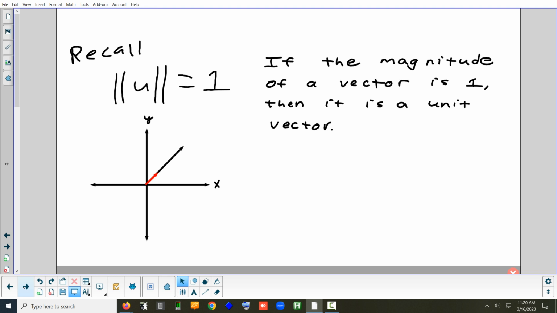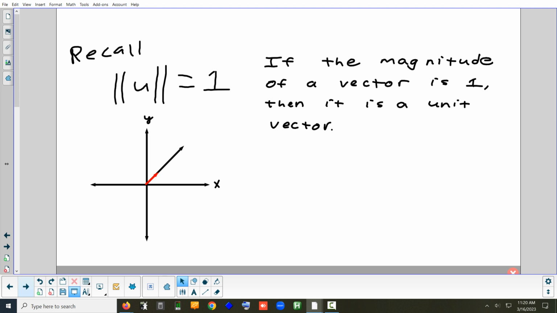Okay, so reminder just what a unit vector is. It means that it has a length of 1. So here's an example of a vector in black, and then maybe this is a unit vector. What I'm going to be finding next is unit vectors given a vector.